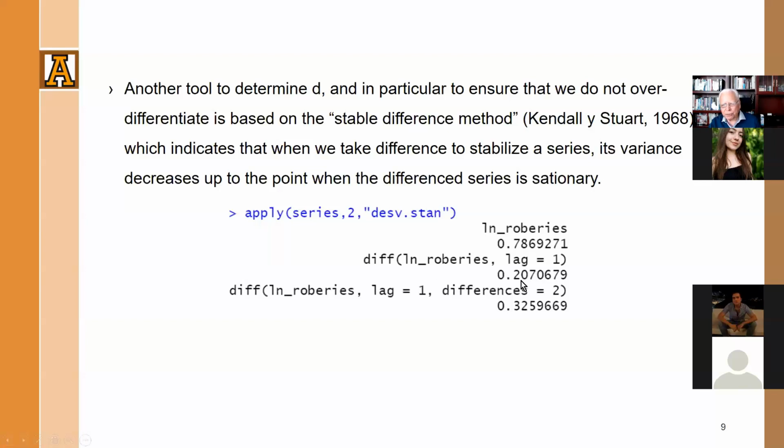The standard deviation for the first difference of the log of the series is 0.207, so there's a big decrease. But if I take a second difference, the standard deviation increases, from 0.20 to 0.32. So that tells me that D is equal to 1, because if I take D equal to 2 differences, my variance increases, so I am over differencing already.